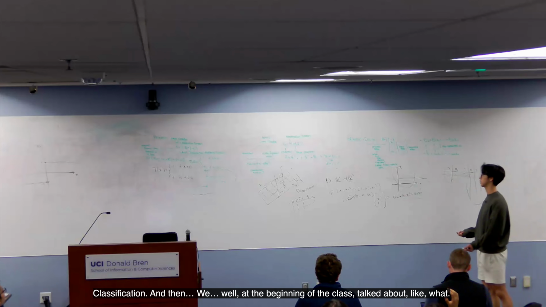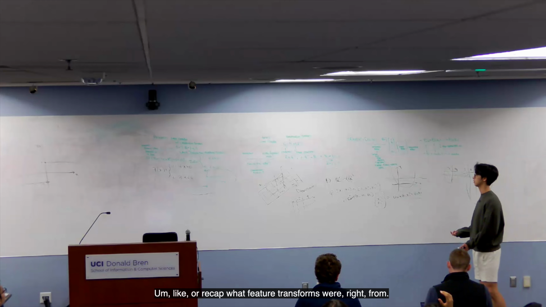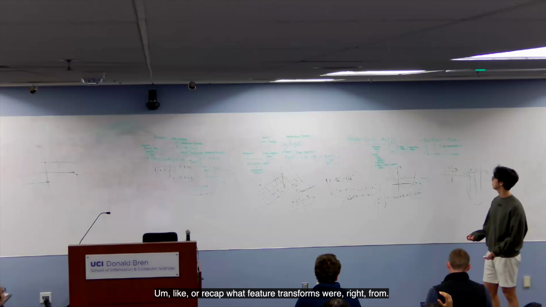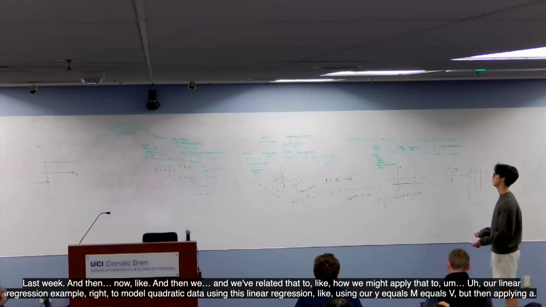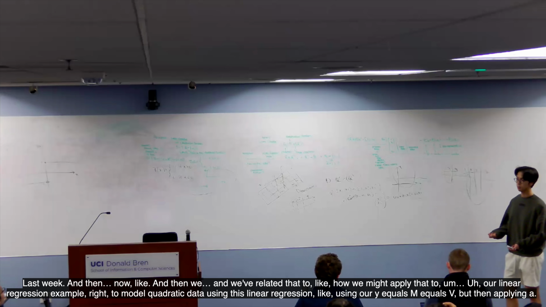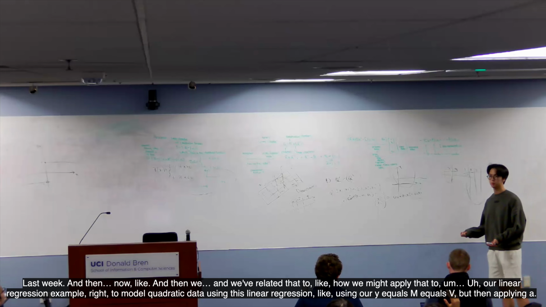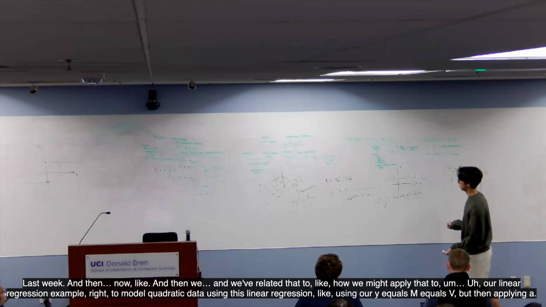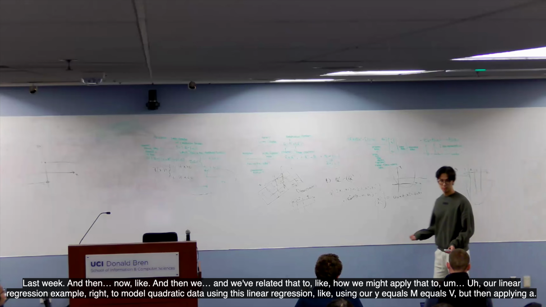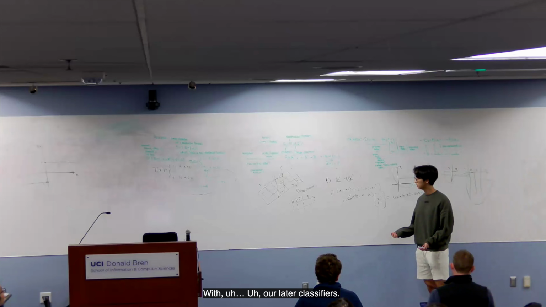At the beginning of the class we recapped what feature transforms were from last week, and we related that to our linear regression example, modeling quadratic data using linear regression, like y equals mx plus b, but applying a feature transform on the data set. And now we are saying we can do the same with our linear classifiers.